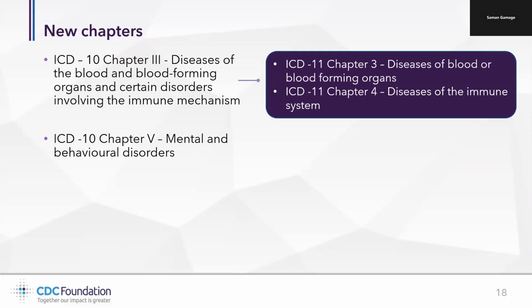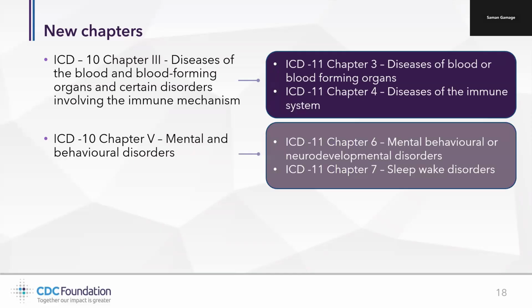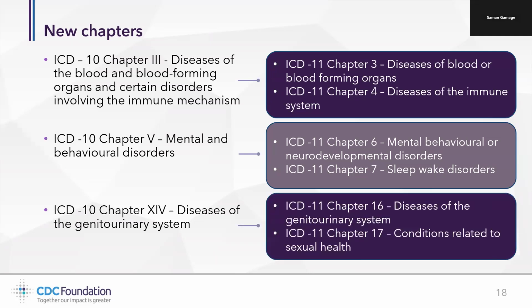ICD-10 chapter 5, mental and behavioral disorders, is split into two: chapter 6, mental, behavioral or neurodevelopmental disorders, and chapter 7 to cover sleep-wake disorders. ICD-10 chapter 14, diseases of the genitourinary system, is divided into two: chapter 16, diseases of the genitourinary system, and chapter 17, conditions related to sexual health.